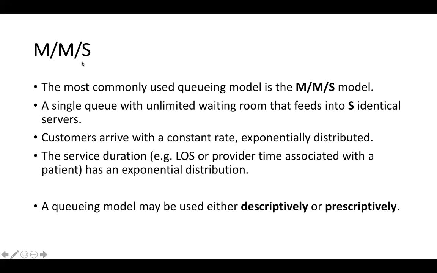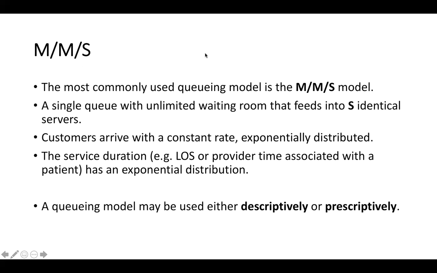One type of queuing system in the queuing theory literature that has been defined and used extensively in different application areas is what we call M/M/S. What type of queuing system are we dealing with here? Here we are dealing with a queuing system in which the customers arrive and stay in one line.